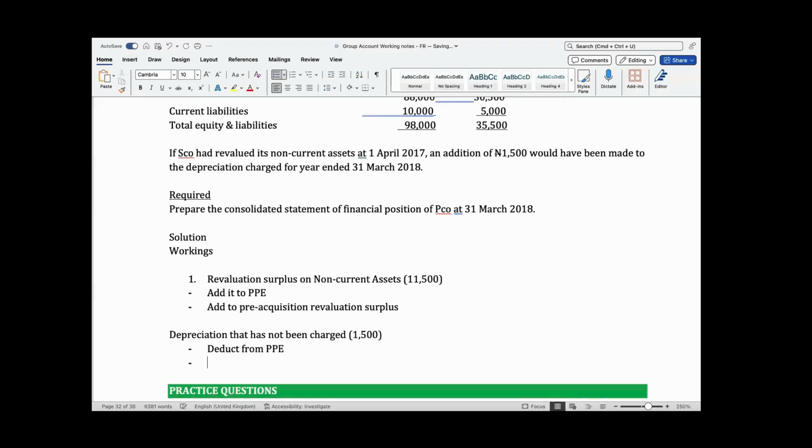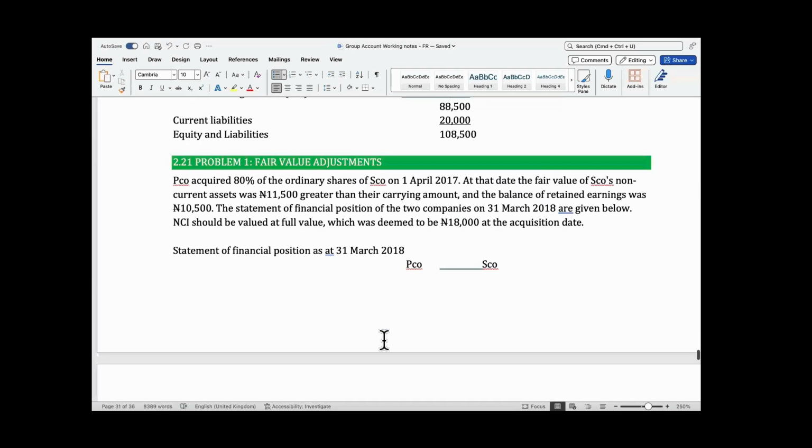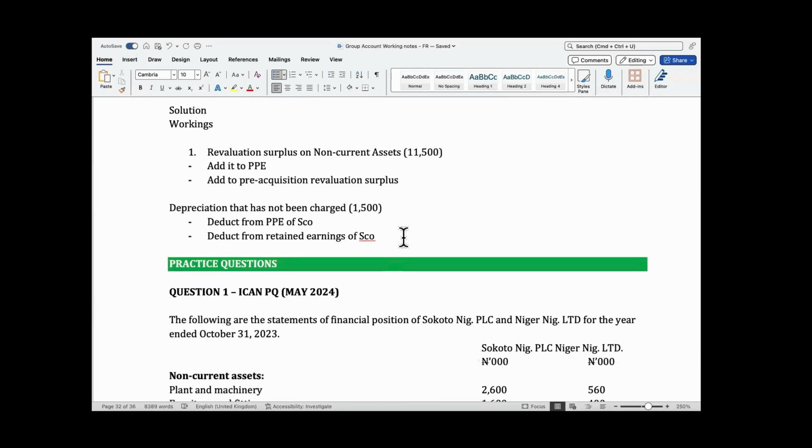Deduct from PPE, and more, we deduct from retained earnings. Who has the assets? Retained earnings of ESCO. So this is important. It's also ESCO that has the PPE. And basically, that's the only thing here that is new. Every other thing is what we have been doing over and over again.